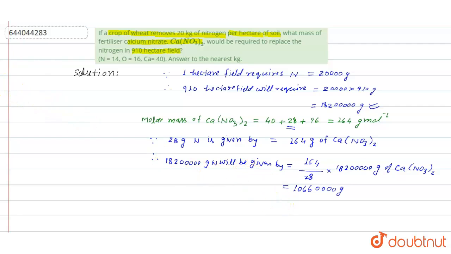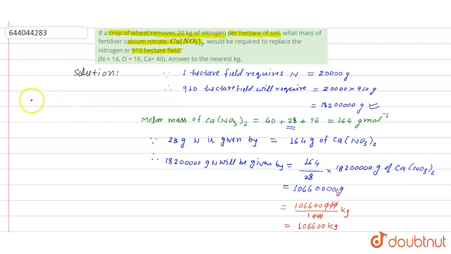So this will be in kilogram, equal to 106,600,000 upon 1000 kilogram. So this will come 106,600 kilogram.